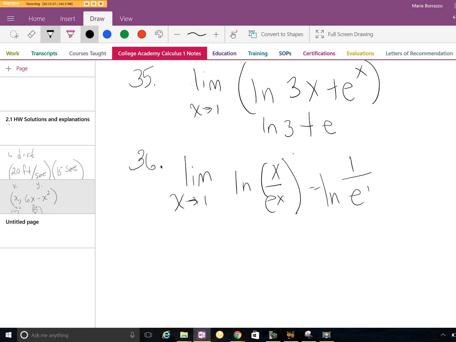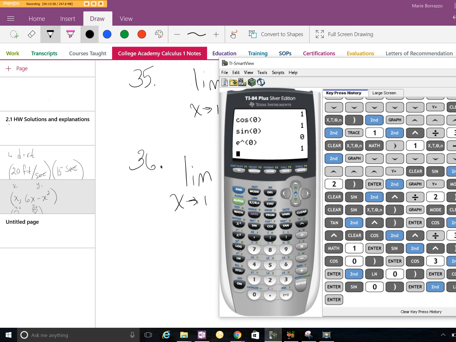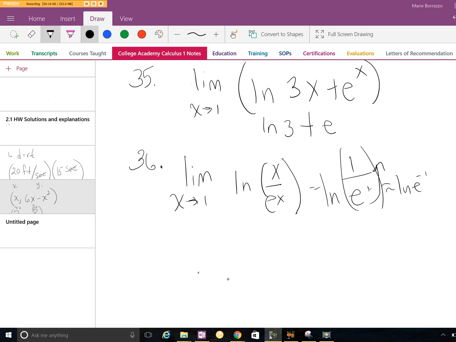And we know that this is the same as natural log e to the negative 1, right? Because when you bring up an exponent, a base and an exponent, the exponent changes signs. And so using the calculator, we're going to do natural log second e to the x negative 1. Close that twice. Your answer should be negative 1. And that's the answer for this one.